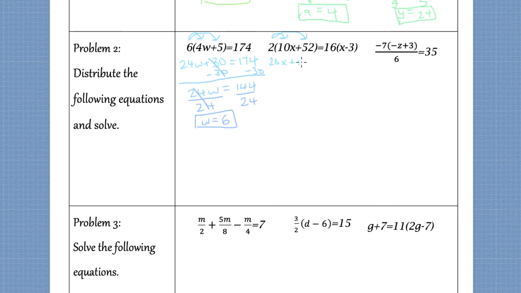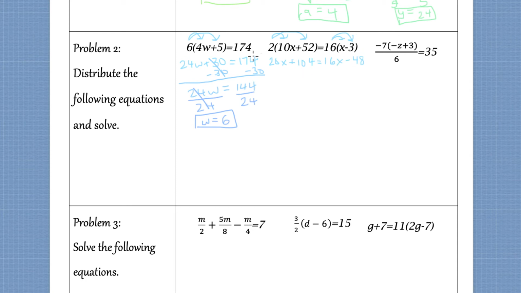This left side gives us 20x plus 104 is equal to, and now on the other side we want to distribute the 16 to the x and to the negative 3. So 16 times x is 16x, and 16 times negative 3 is negative 48, so minus 48.